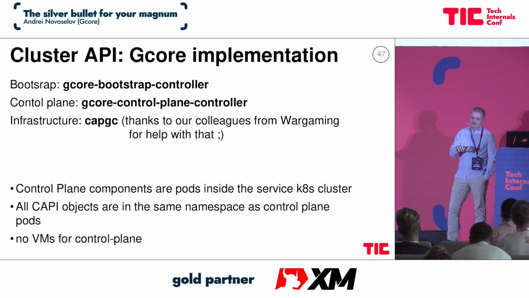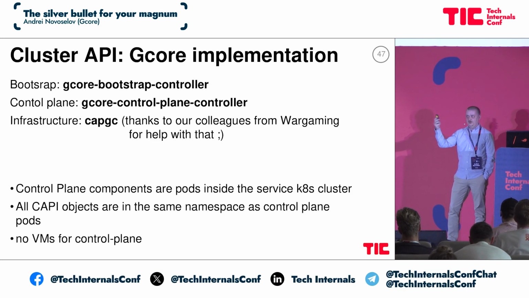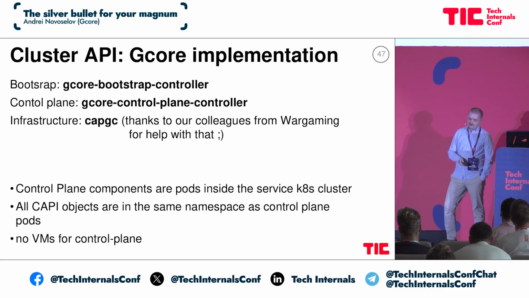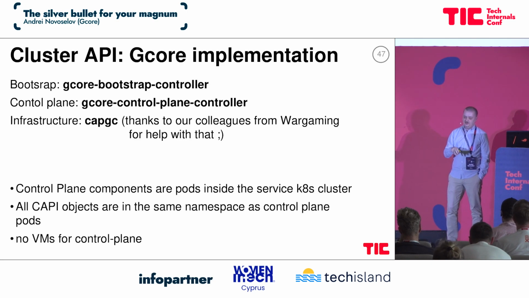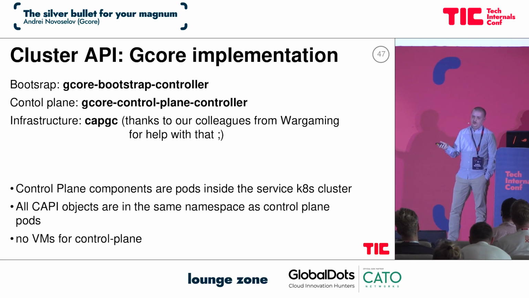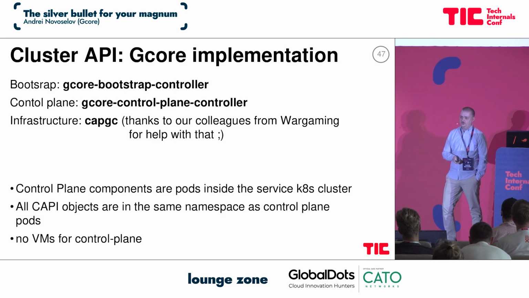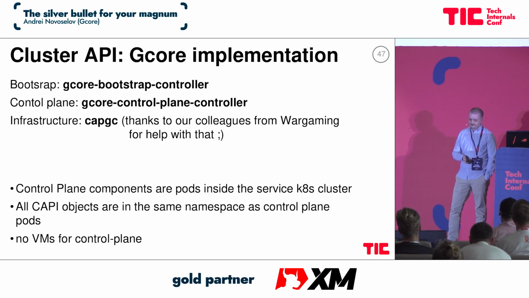Inside that namespace, we spin up all the pods for the control plane of the user's Kubernetes cluster. All the custom resources for Cluster API are stored in the same namespace. And we'll have no virtual machines for the control plane, which is cool.